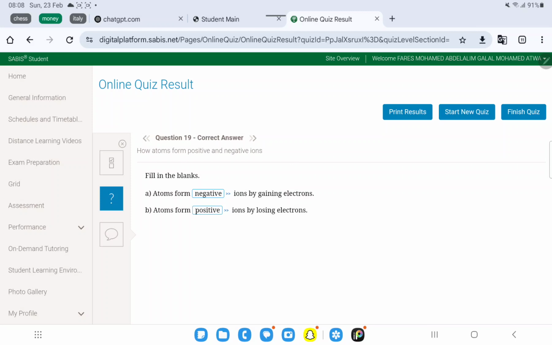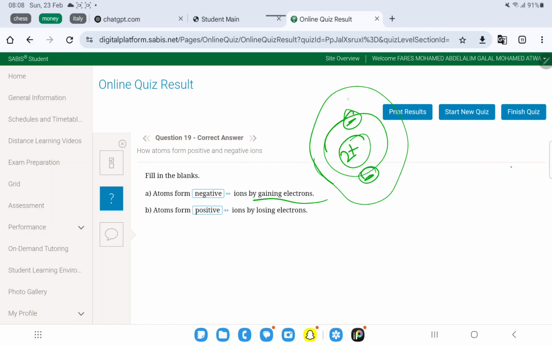Gaining electrons, for example: you have the positively charged nucleus, for example 2 protons inside and 2 electrons outside. Now it's balanced. The charges cancel, but if we add one more electron, then it's going to be three electrons and only 2 protons, so the charge is -1.